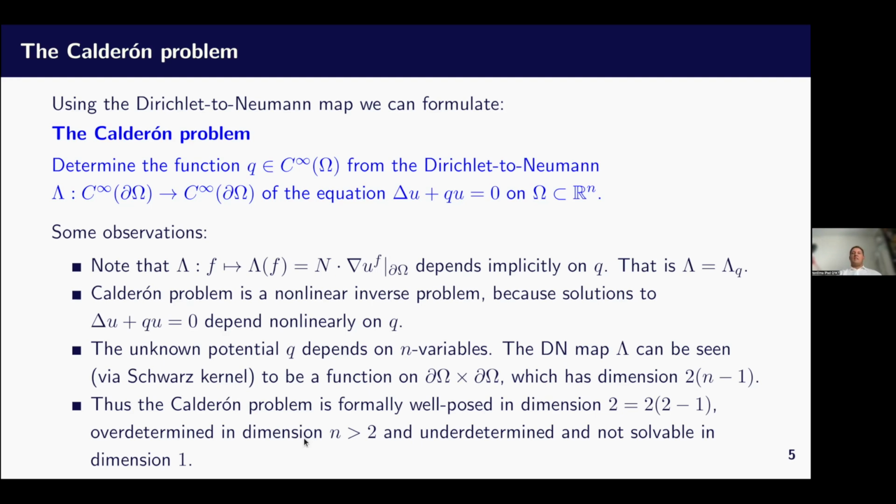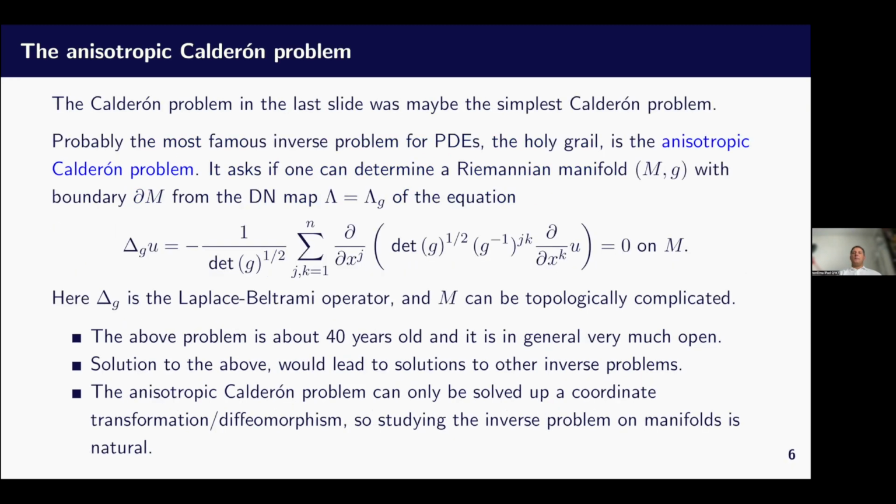Okay, slight lag now. The Calderon problem in the last slide was maybe the simplest of the Calderon problems. There are many different types of inverse problems for PDEs which are called the Calderon problem. Probably the most famous of these, sometimes called the Holy Grail, is the anisotropic Calderon problem, and it is the following question.